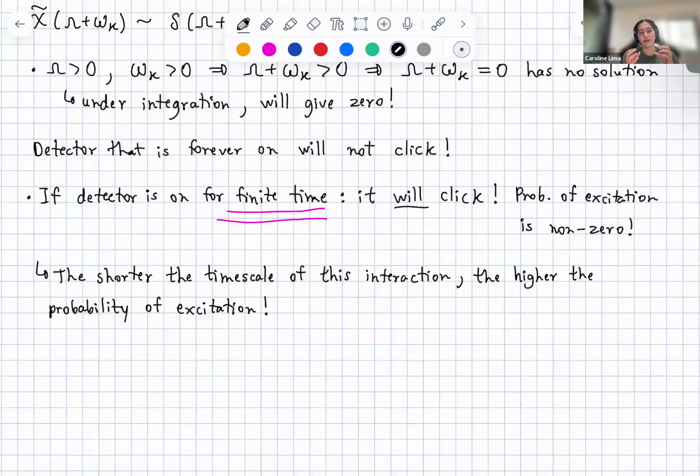The intuition is that if you have a lot of resolution, so you can have a very small time scale, it means that intuitively you're adding more energy to your system. So you're disturbing the system more, so it's easier for your detector to get excited and see this excitation. That's the intuition behind it.